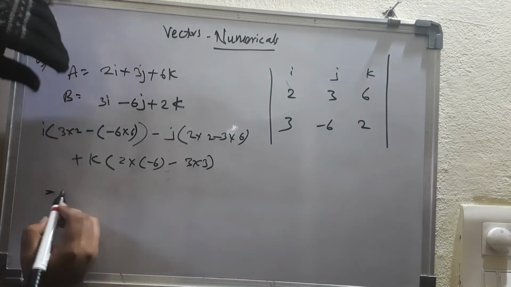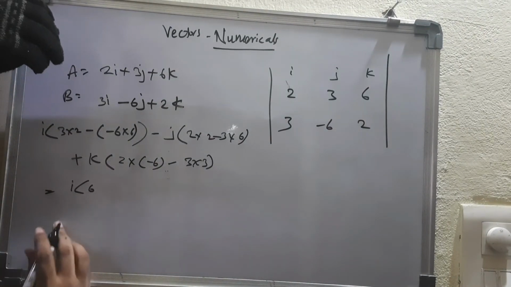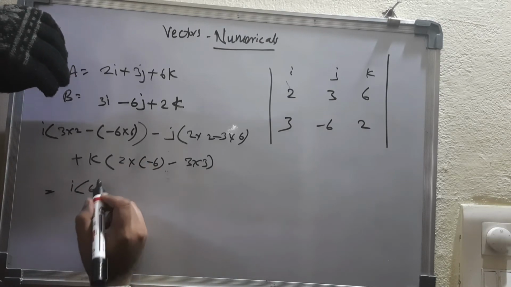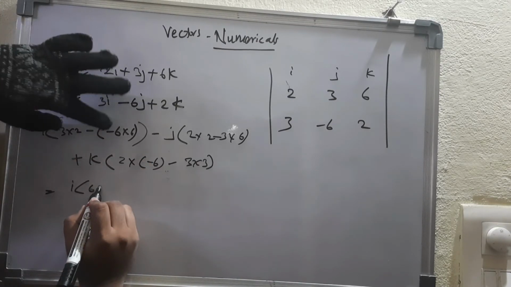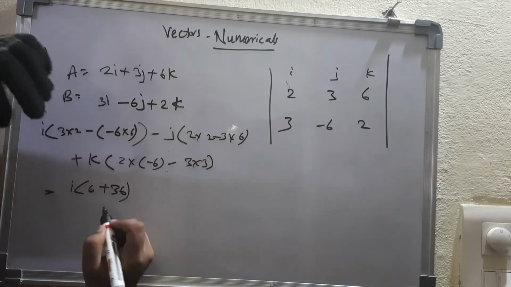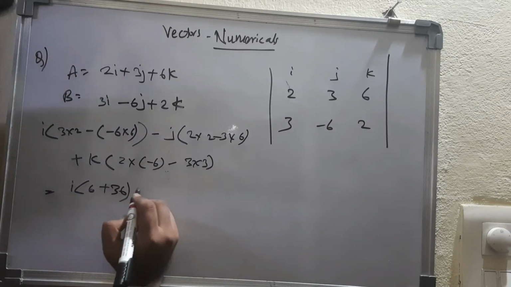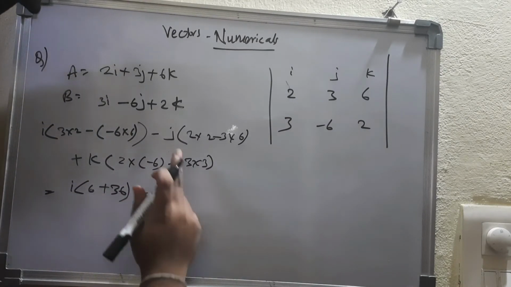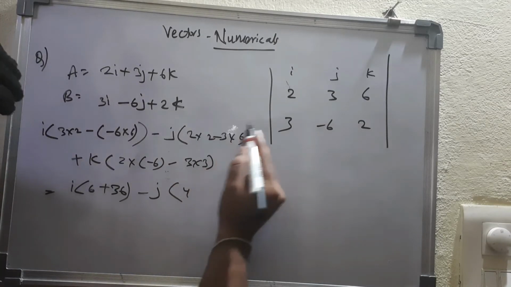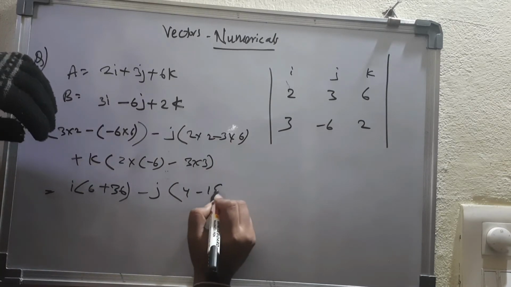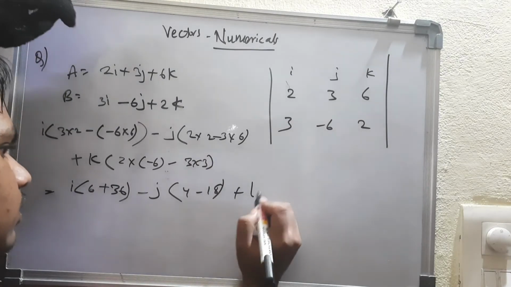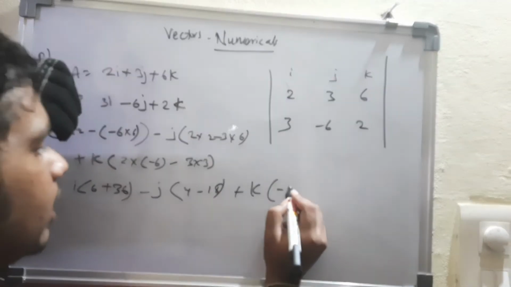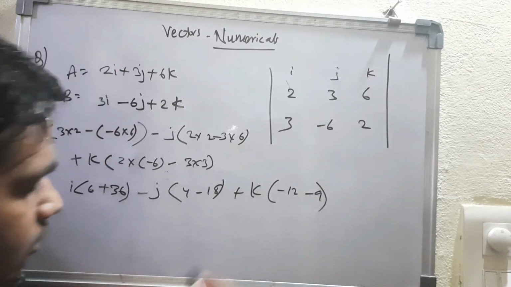Okay, i into 6 plus 36, minus j into 4 minus 18, plus k into minus 12 minus 9.